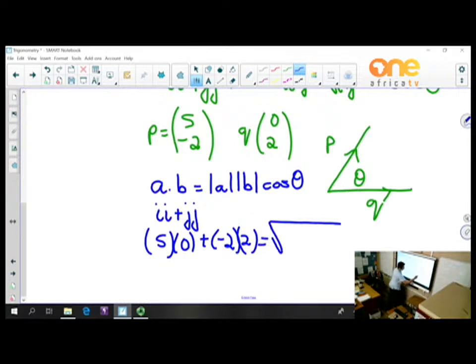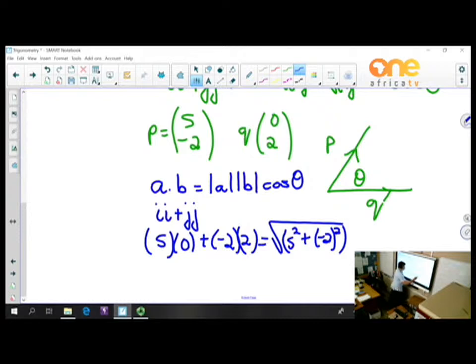Then we have the magnitude of A, which means this is now only, in this case, going to be P, the magnitude of this vector, which is then 5 squared plus negative 2 squared. Make sure that you use your signs correctly.